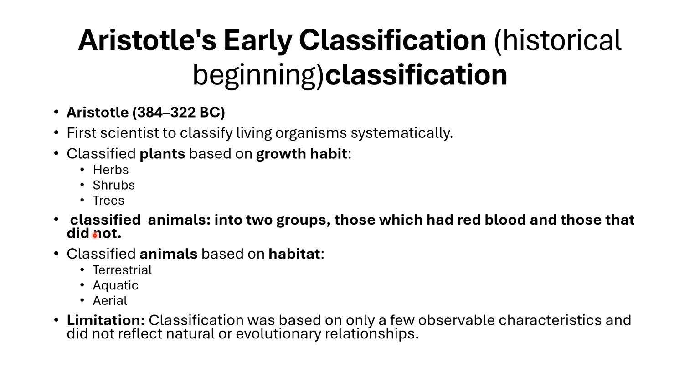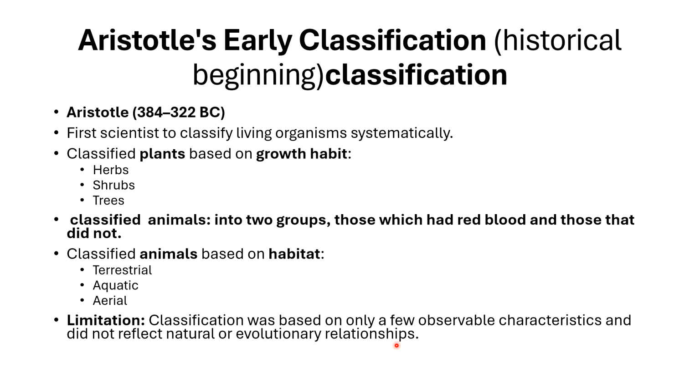Okay, so those were very superficial levels of classification, and we cannot accommodate all the organisms in them. Also, Aristotle classified animals based on the habitat, such as terrestrial, aquatic, aerial. So what was the limitation of this system? This classification was based on only a few observable characters and did not reflect natural or evolutionary relationship.